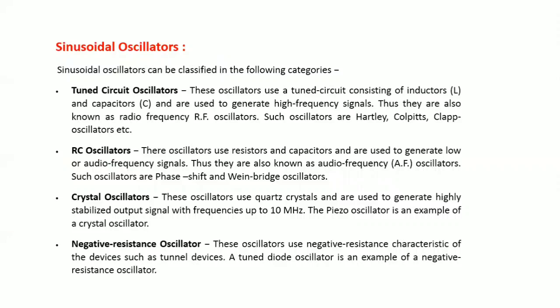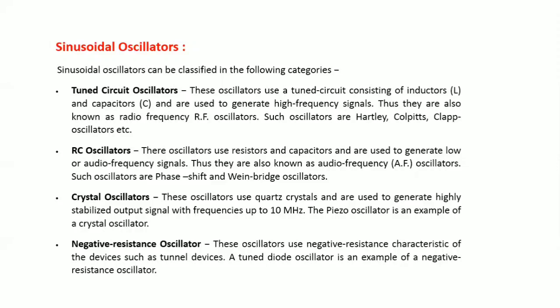Here are the sub-classifications of sinusoidal oscillators. Sinusoidal oscillators can be classified as tuned circuit oscillators, RC oscillators, crystal oscillators, and negative resistance oscillators. Now we'll see in short what tuned circuit oscillators are.